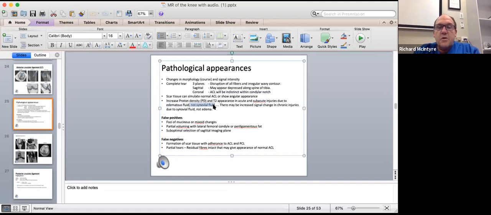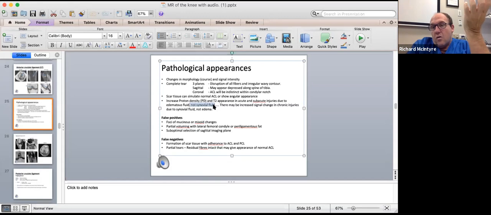Other pitfalls are foci of mucinous or myxoid changes, partial voluming, we know that from CT, and suboptimal selection of sagittal imaging planes. If we don't image a plane along the ACL, if we image it a little bit more or a little bit less, we're going to cut off a piece of the ACL. In that volume, we can get other substances around it, and they can appear as a tear because they're going to increase or decrease the signal around it depending on what they are.